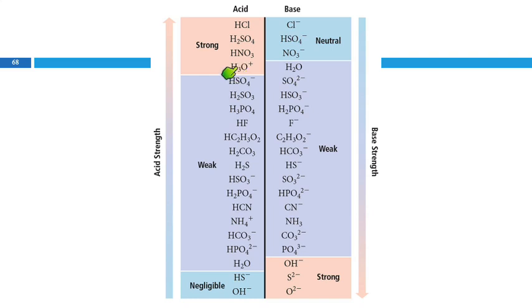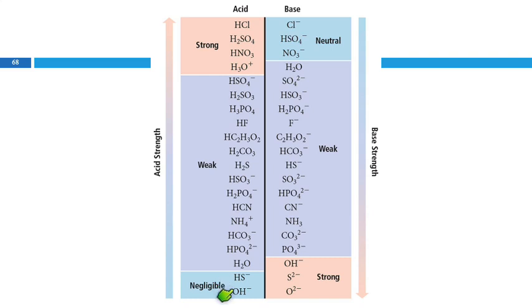H3O plus can be thought of as a strong acid because it's already ionized, right? But its conjugate base is water. Well, water can act as an acid or a base. And so here we see that as we get weaker and weaker acids, the conjugate bases get stronger and stronger.